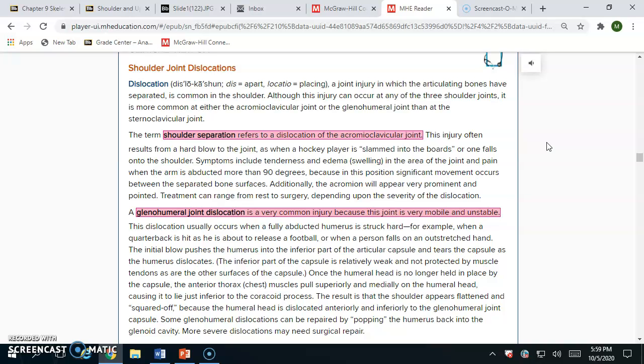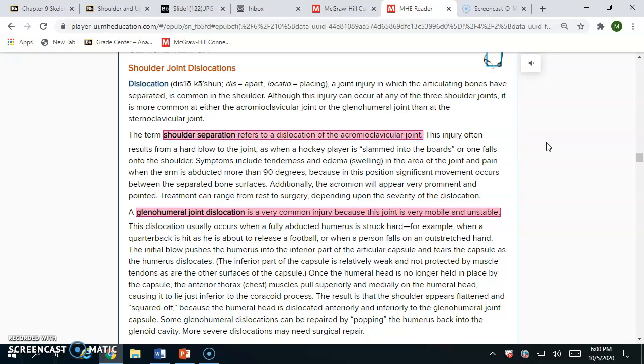It's pretty common in the shoulder because of the way it's formed. There are more soft tissues, ligaments, muscles, and tendons holding those bones in position, and not so much the bones themselves. So it's much more likely to have an injury at the glenohumeral joint and have it actually dislocate, where the bones come out of alignment or completely separate.